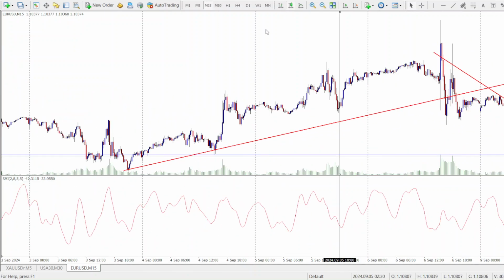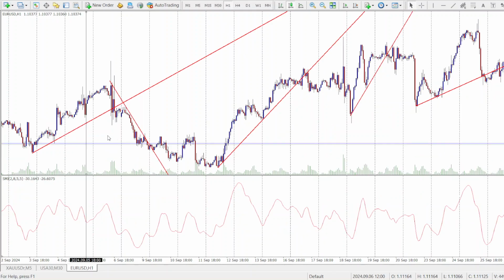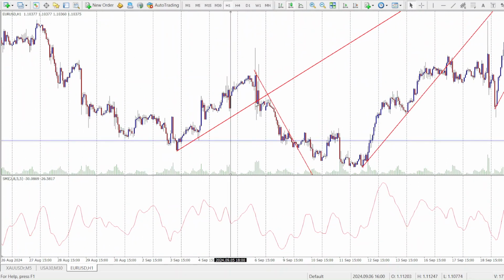Okay, so we can see I came down to the 15 minutes time frame, and we can see that while the price of Euro USD was close to the trend line, it started giving sign for a reversal. Now, the reason why we come down to the smaller time frame is to check for when signs of reversals are happening close to the trend line. Then after that, we will go back to the 1 hour time frame because we are entering and exiting our trades on the 1 hour time frame.